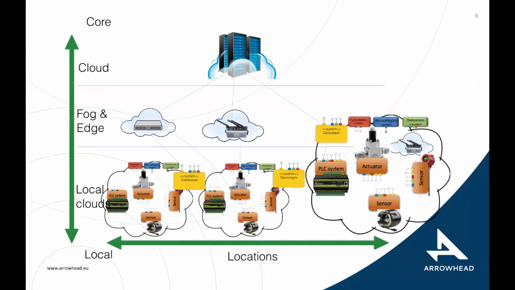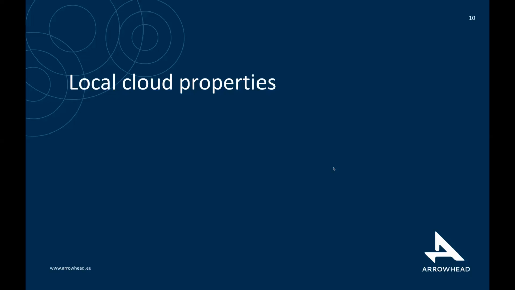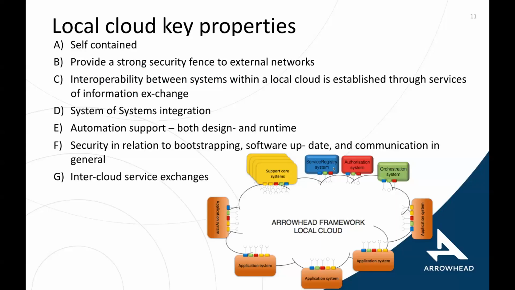And once that's done, we can ensure that we can share data between various parts of a factory or an installation, and this can be basically any level. There are a number of properties that we give to these local clouds, and I will not go into details on all of these, but one of the most important things is that it's self-contained.